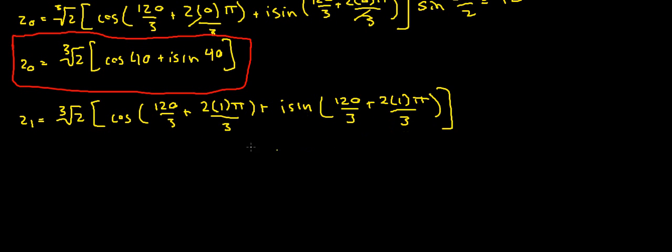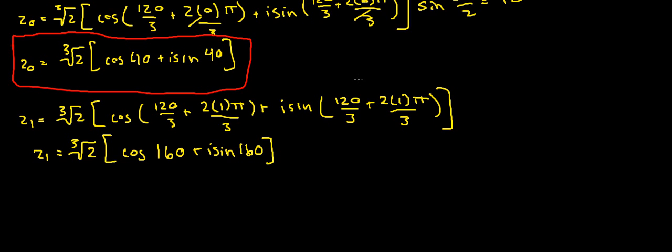And these both are equal, so I don't really need to do this twice. So z1 is equal to cube root of 3, whatever. This is 160. Remember, I converted this to degrees. So I've got the second one now.